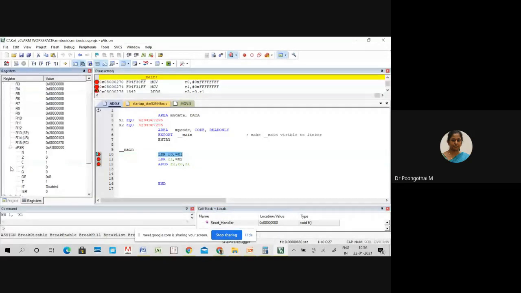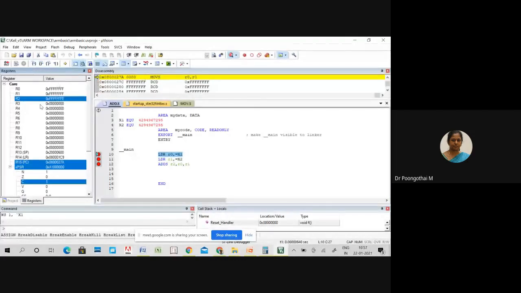I'm clearing carry now. So let's see what happens when we add two 32-bit numbers, okay? Here your answer is stored in R2, and carry is also updated in the XPSR register, that is the program status register, okay?